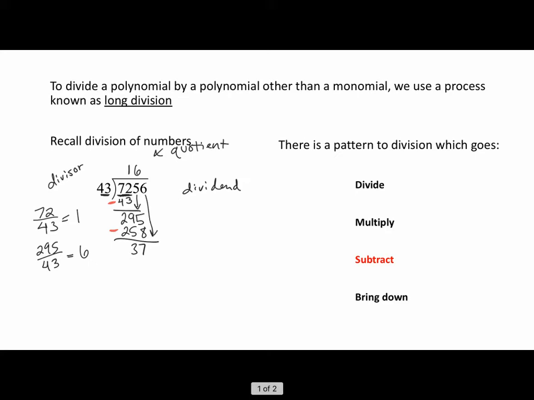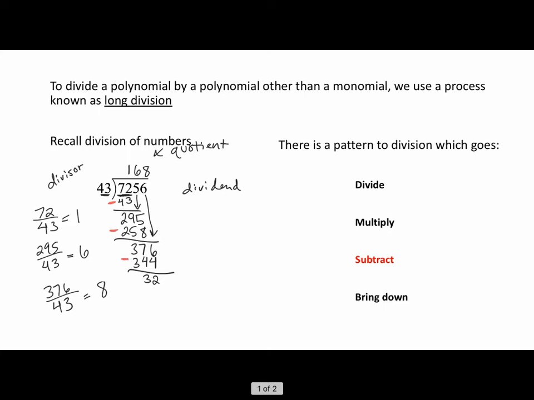Then we bring down the next number, and we start all over again. How many times does 43 go into 376? That's 8 whole times, so we'll put the 8 in the quotient here, and multiply 8 times 43, which is 344. Then we subtract that, and we get 32.